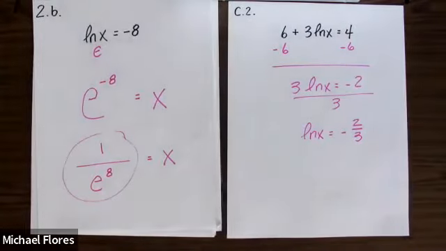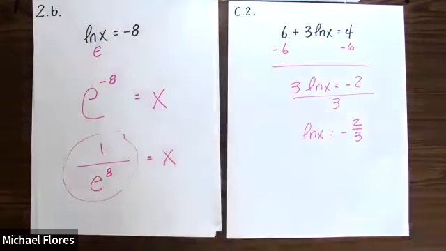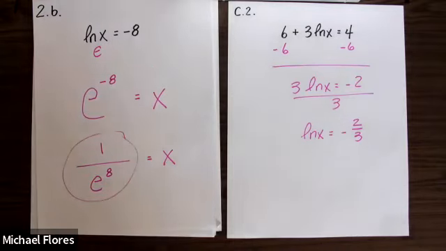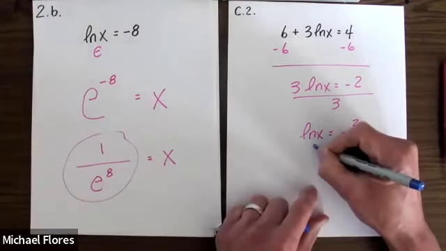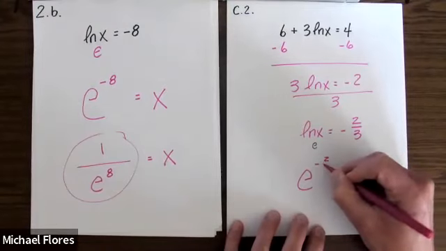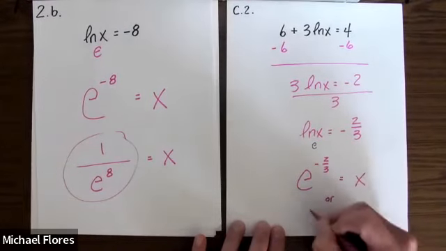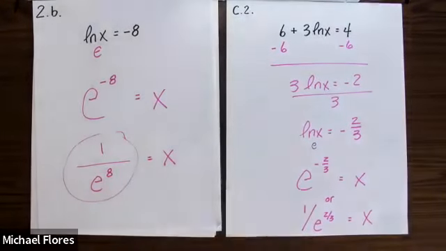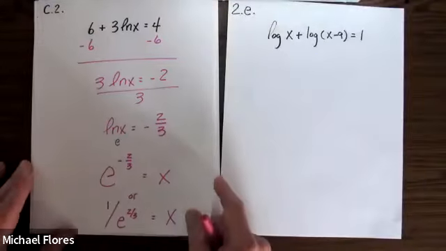And now from here, see if you can get the final answer in terms of E. That would be your final answer there. 1 over E to the 2/3.